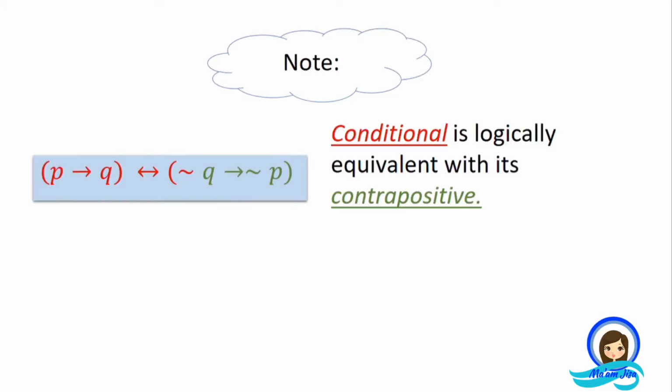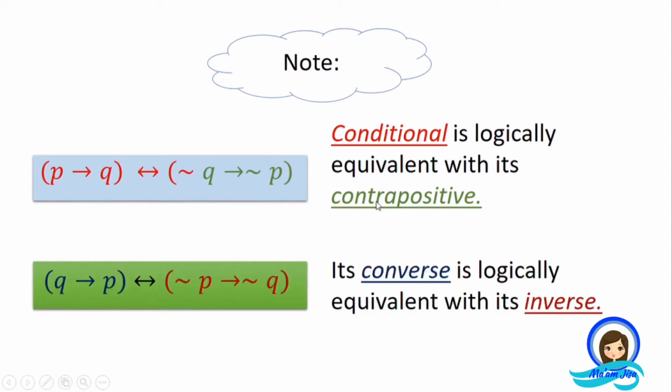Take note that conditional is logically equivalent with its contrapositive. So this is the conditional form and this is the contrapositive form. And similarly, its converse, Q implies P, is logically equivalent with its inverse, not P implies not Q. Is there something that can prove the equivalence of conditional and contrapositive and the converse and its inverse? Yes, there is.